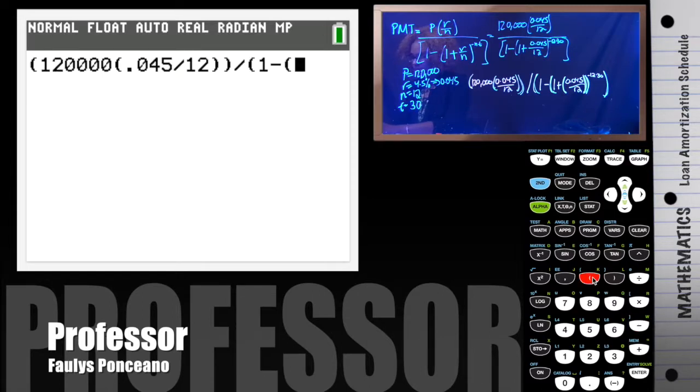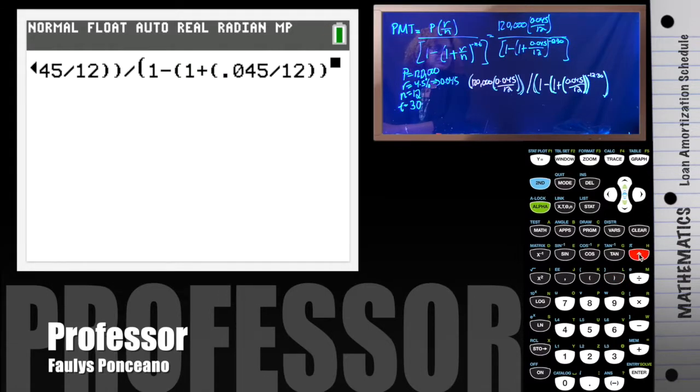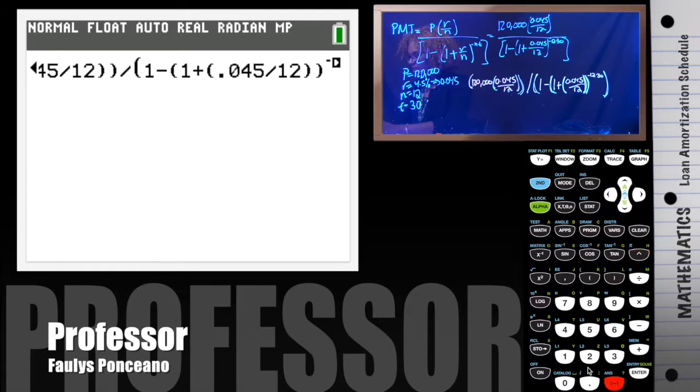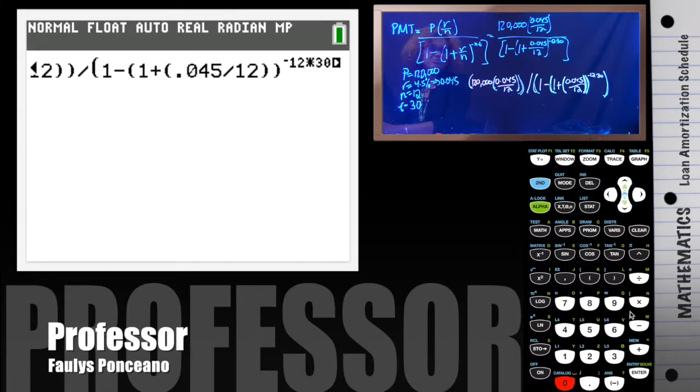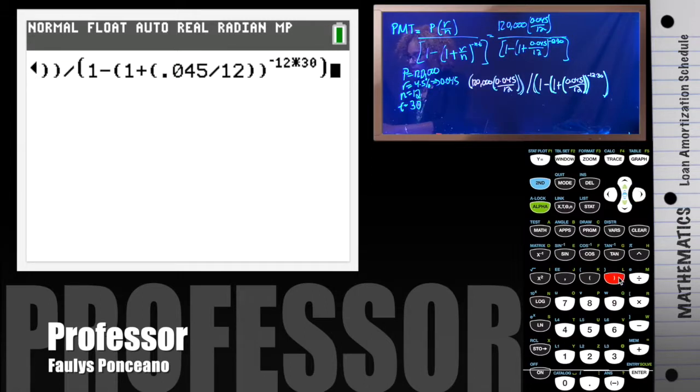minus parenthesis 1 plus parentheses 0.045 divided by 12, close, close, raise, negative 12 times 30, bring the carry down, close parentheses.